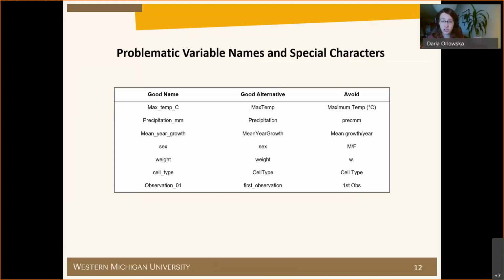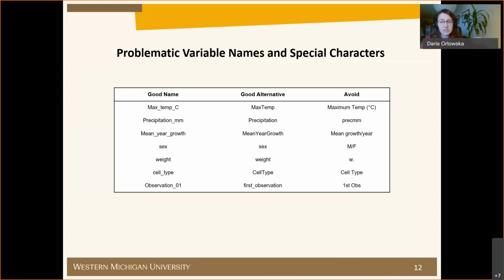Underscores are a good alternative to spaces, and it's also useful to write things in camel case. For example, you capitalize the first letter of a phrase, and then you don't add a space. Instead, you capitalize the first letter of the next word to improve readability. Remember that abbreviations that make sense at the moment may not be so obvious in 6 months, but don't overdo it with names that are excessively long.